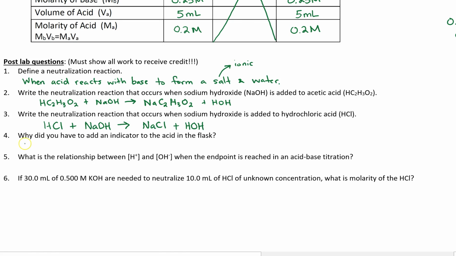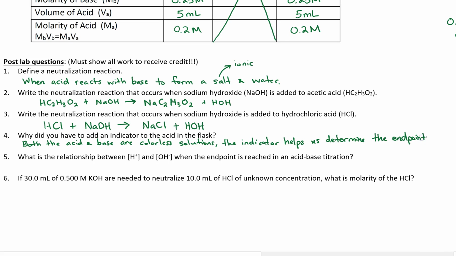Okay, so the indicator helps us determine the endpoint in a titration. So the endpoint is when the acid-base reaction is complete.